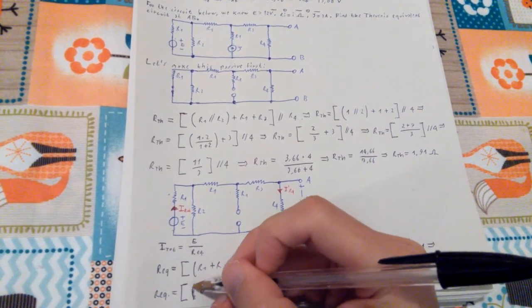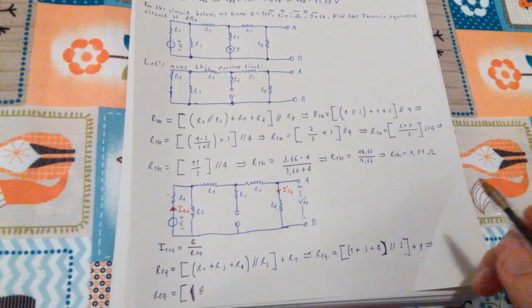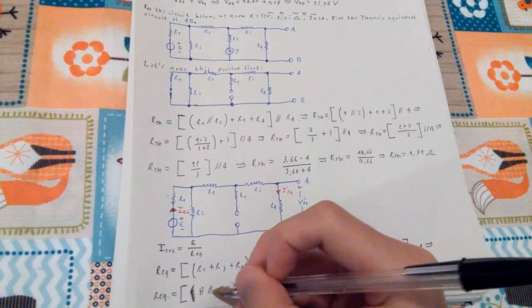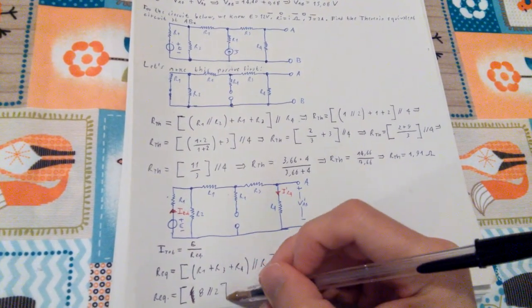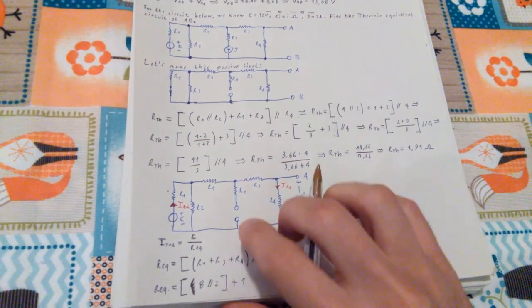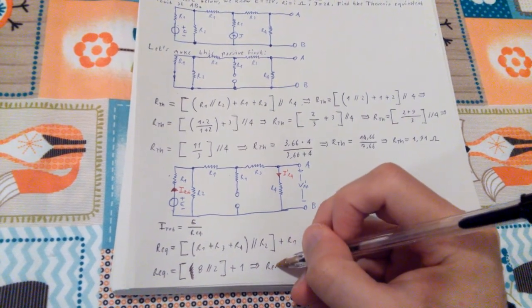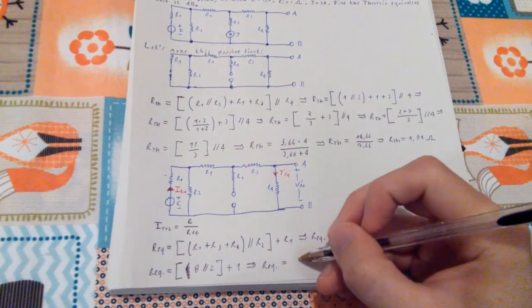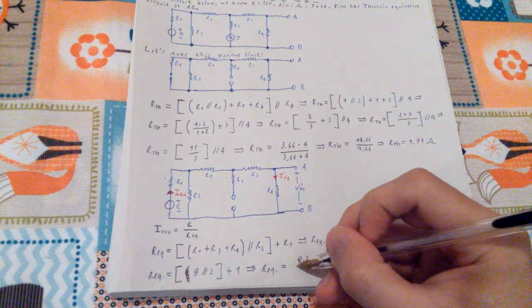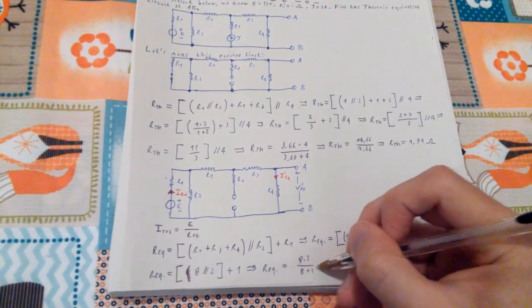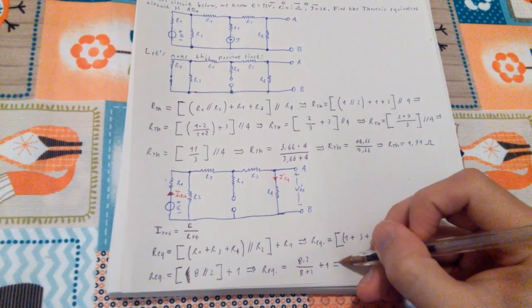I don't need the parentheses anymore. So 8 in parallel with 2, plus 1. R_EQ is equal to 8 times 2 over 8 plus 2, plus 1.